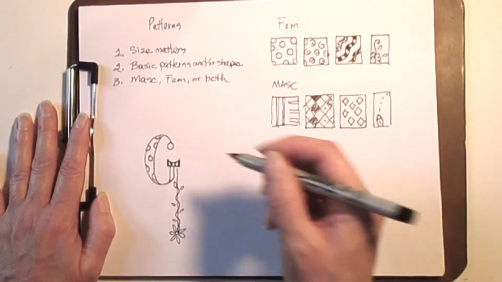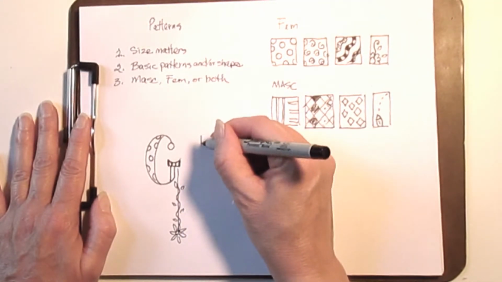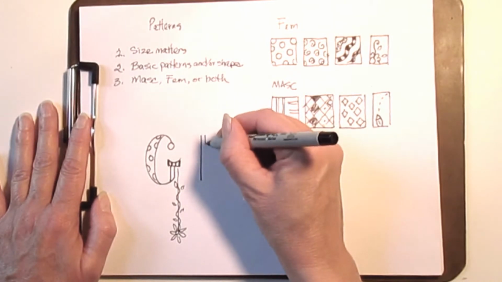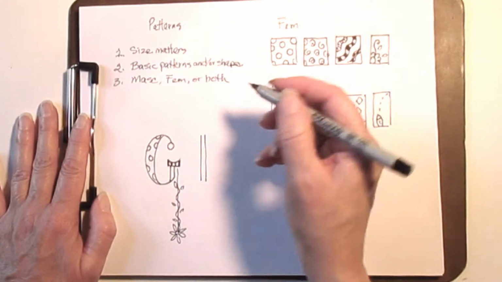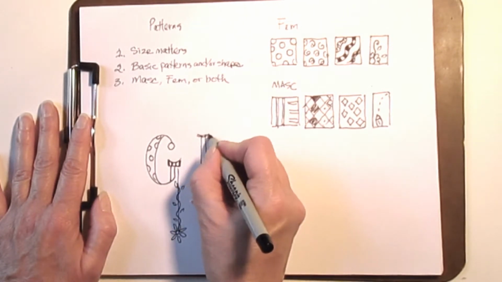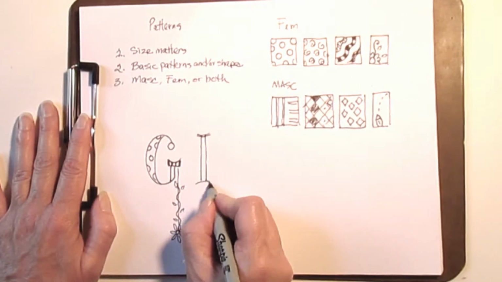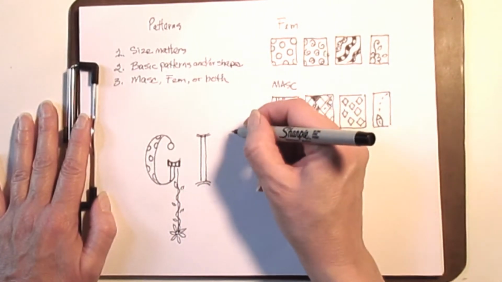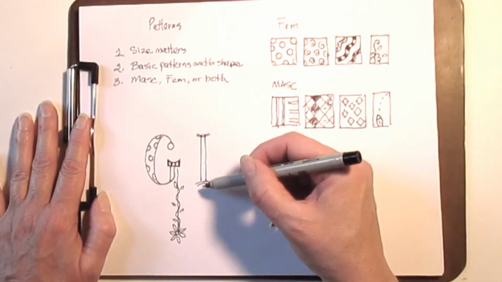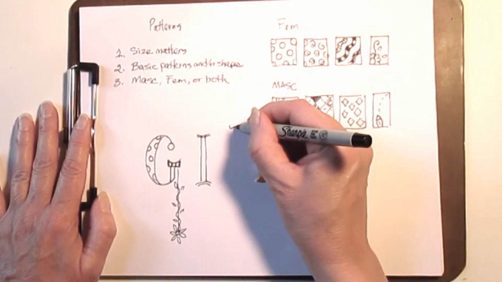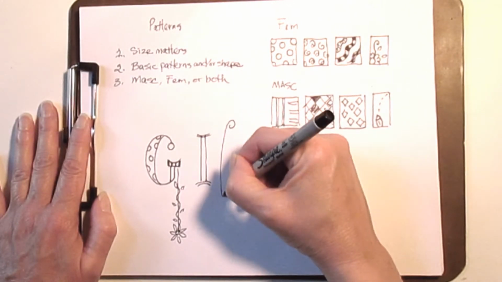So say if you don't have that much space, we'll do an H. And that's, other than the slight curve here, pretty masculine. So I'll make the other side feminine.